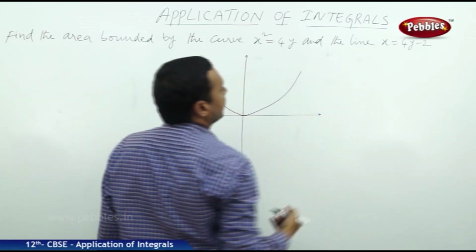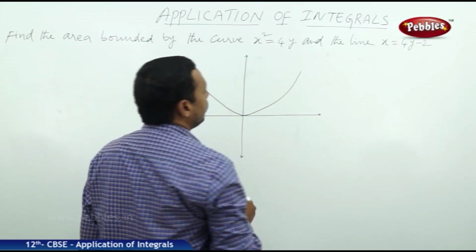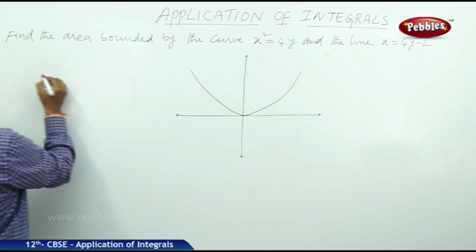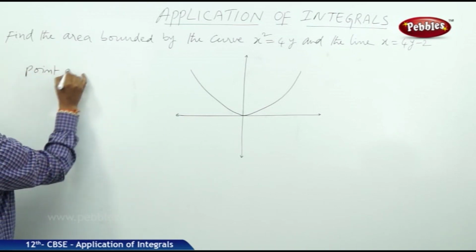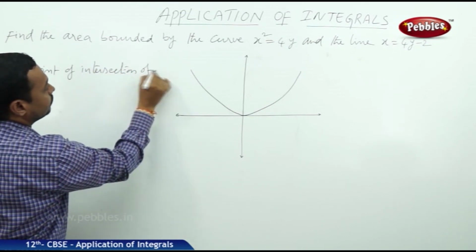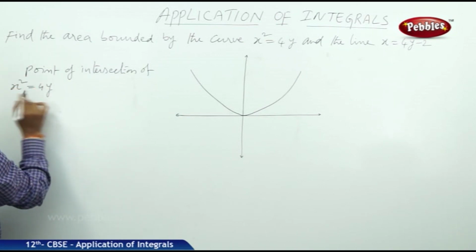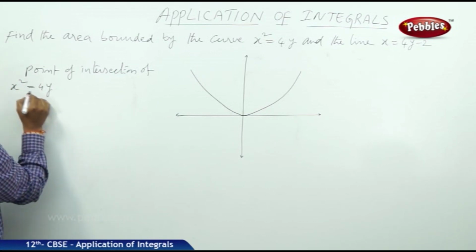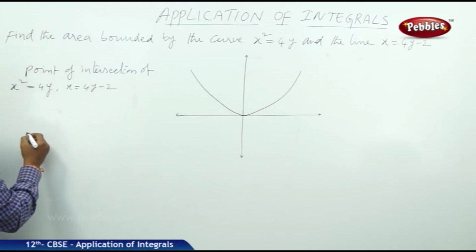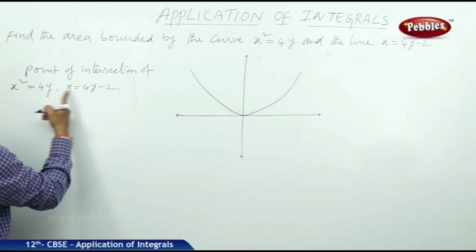X square is equal to 4y, and the other one is the straight line x is equal to 4y minus 2. Now let us find the point of intersection of this line and the curve. The point of intersection of the curve x square is equal to 4y and x is equal to 4y minus 2 is, now eliminate, here we can eliminate 4y by x plus 2.